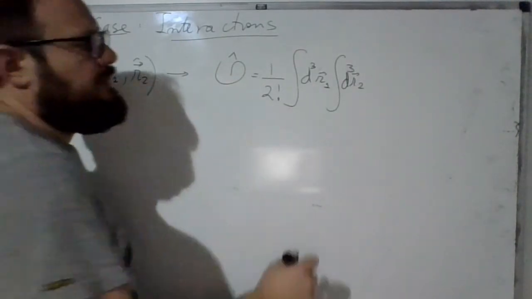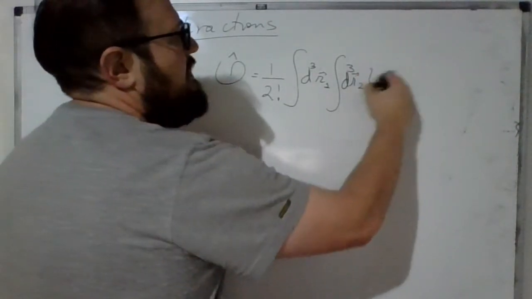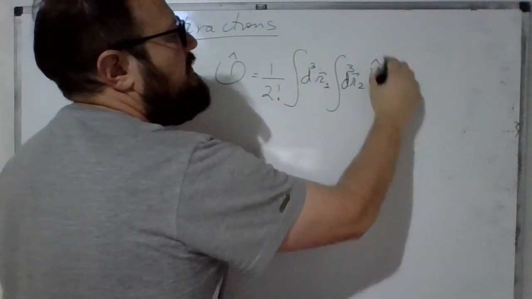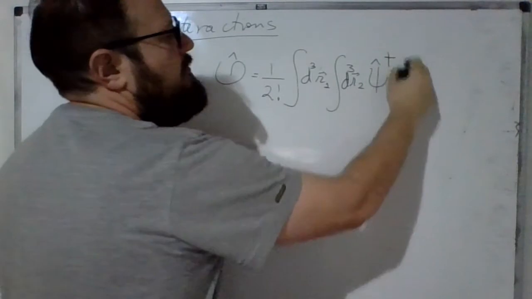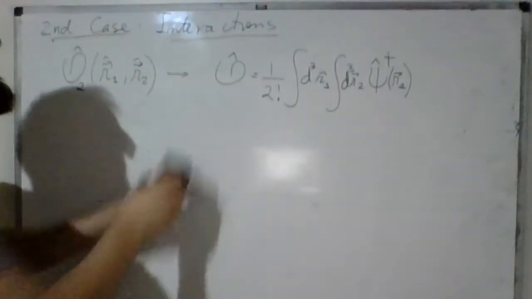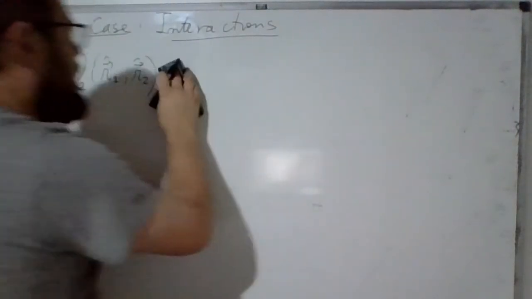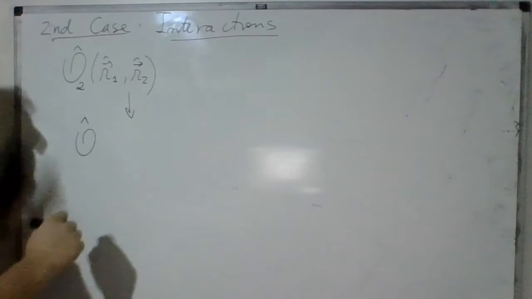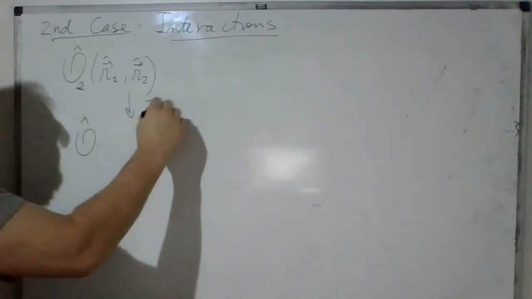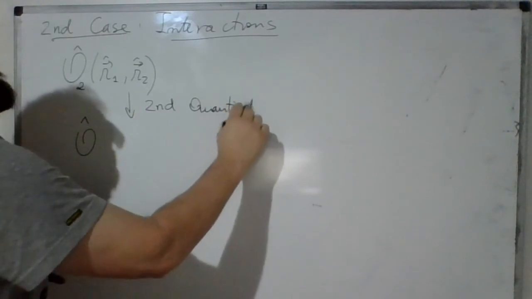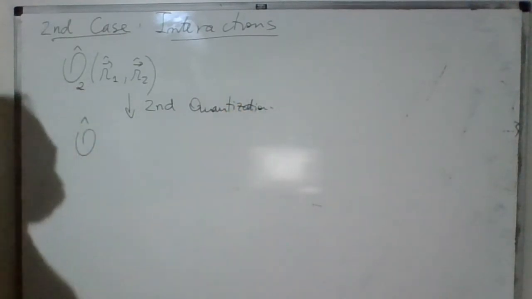What you do, you just pick up operators in the following order. So this is a creation operator. Let me write it here. So this operator in second quantization of interactions.